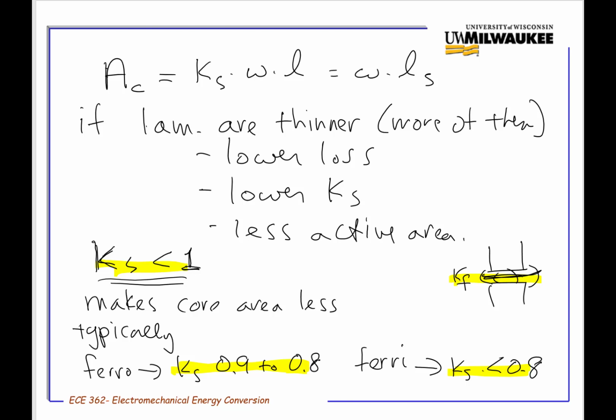If I had a higher frequency that I'm applying to my magnetic component, what do you think I want to use? Ferromagnetic material or ferrimagnetic material? You would want to use ferrimagnetic materials, right? Yep. So like a ferrite.